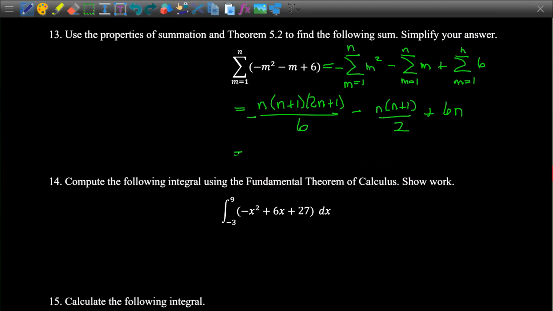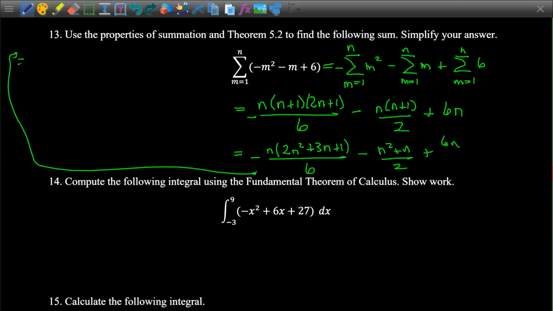We have minus n times n plus 1 times 2n plus 1 over 6, which is 2n squared plus 3n plus 1, and minus n squared plus n over 2. I'll continue over here on the left. I'm going to do several things. I'm going to expand that numerator and also apply the negative.